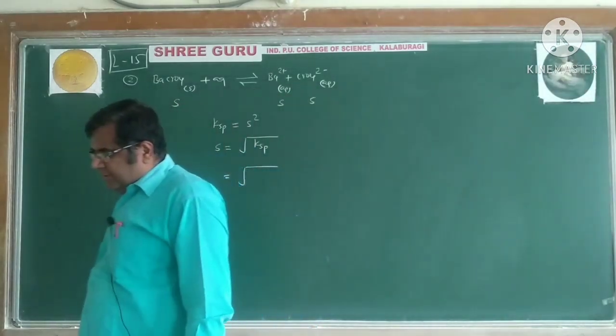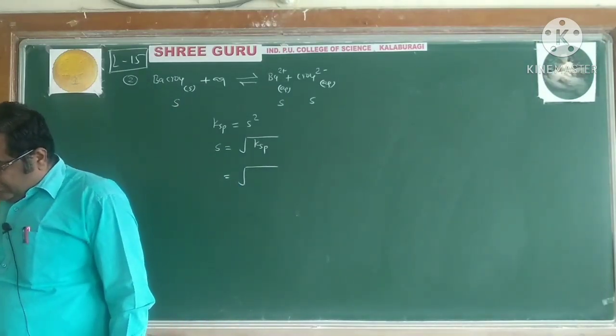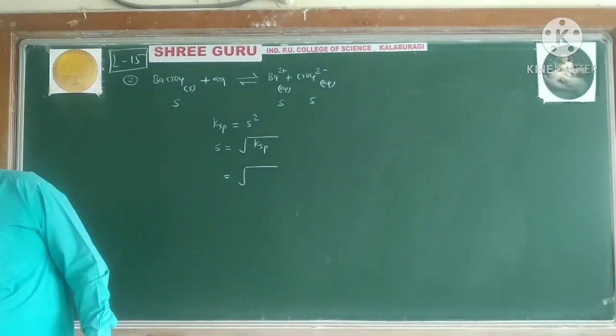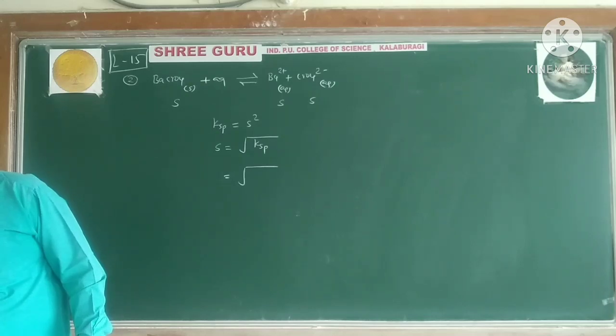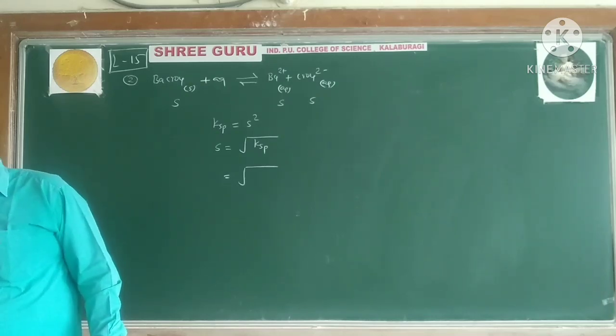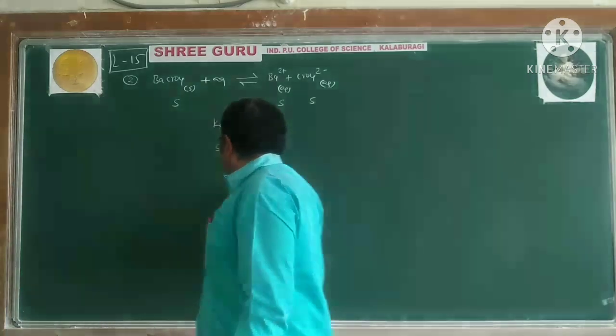and that equals, Ksp value was given, 1.2 into 10 raised to minus 10.